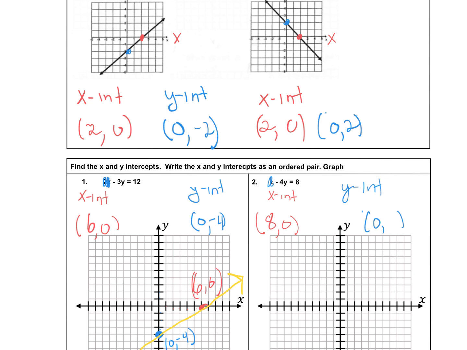Divide both sides by negative 4, and y will equal negative 2. So our y-intercept is (0, -2) right here. And our x-intercept is (8, 0). So count over 8. Here we go. (8, 0). And then we're going to use a straight edge to draw that line.